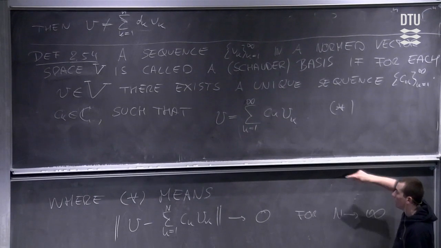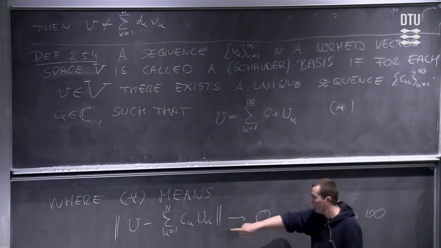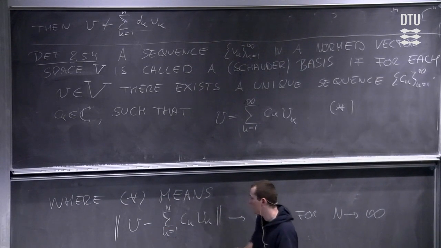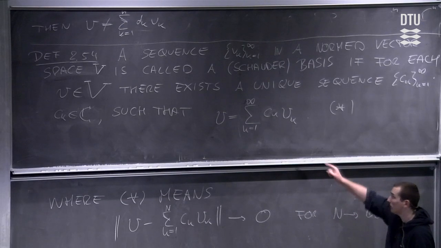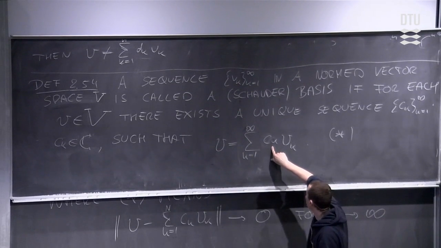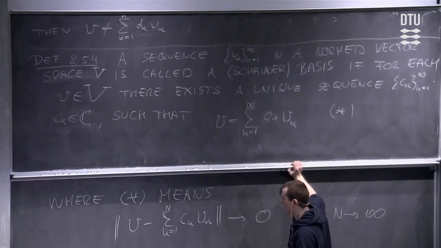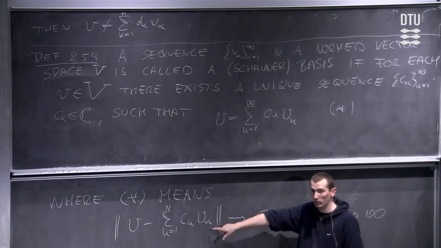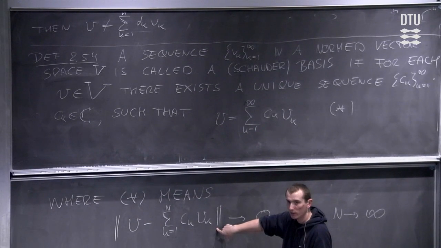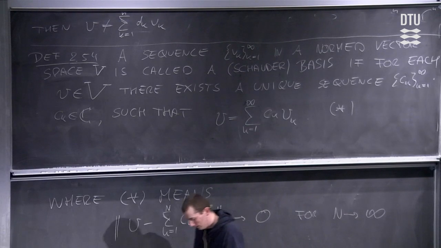Okay? So whenever we write this, it means exactly this. Nothing else. So if there is no element to which the sequence converges, then we cannot write this. But as soon as we say that there should be a sequence ck such that this equals this with an infinite sum, then it means exactly this, that this difference in the norm should go to 0. That is why we need the norm. If we do not have the norm, we have a problem defining convergence, and we have a problem defining infinite series.